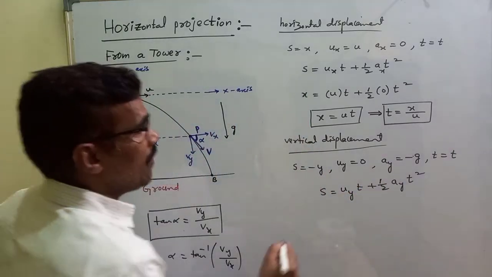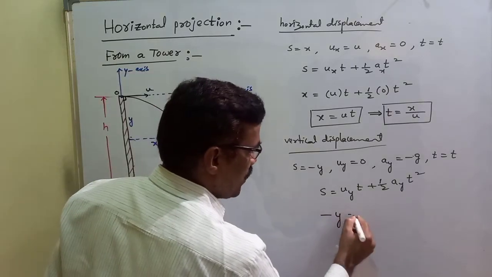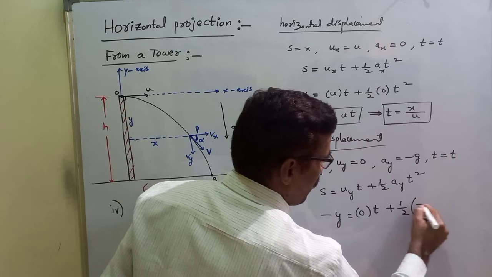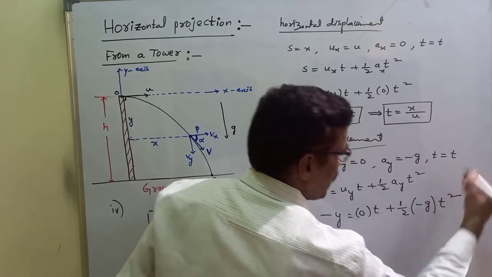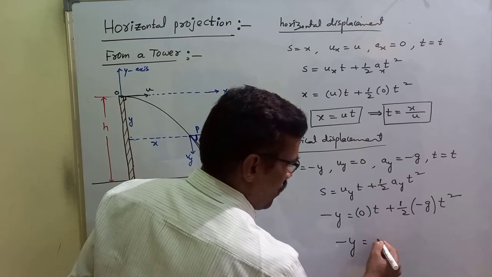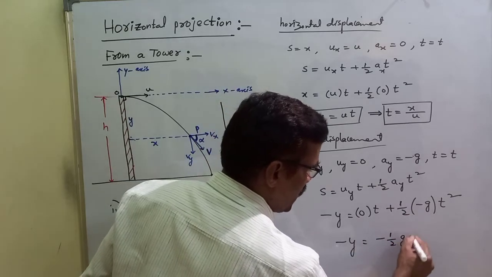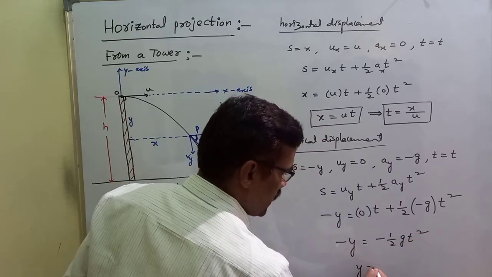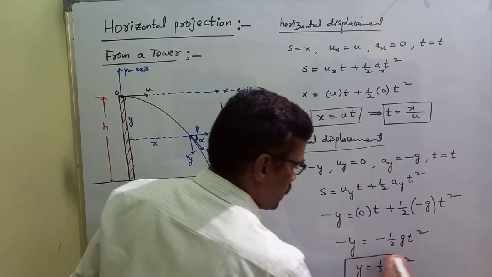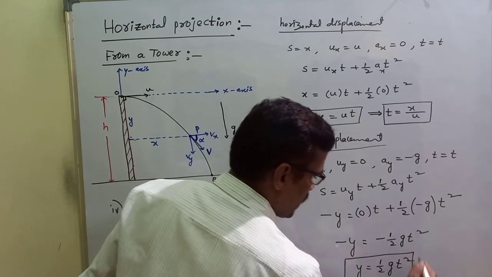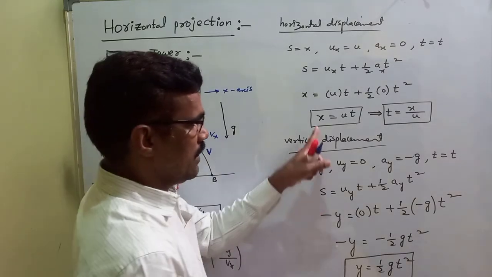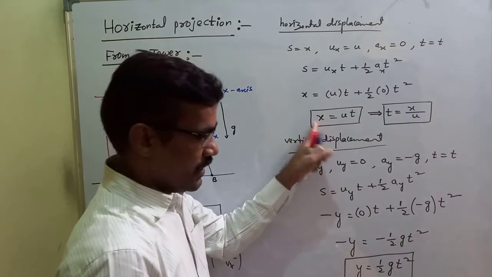S is minus y, uy is 0, so 0 into t plus half into minus g into t square. Minus y is equal to minus half g t square. So y is equal to half g t square. This is the vertical displacement after t seconds, and the other is the horizontal displacement after t seconds.